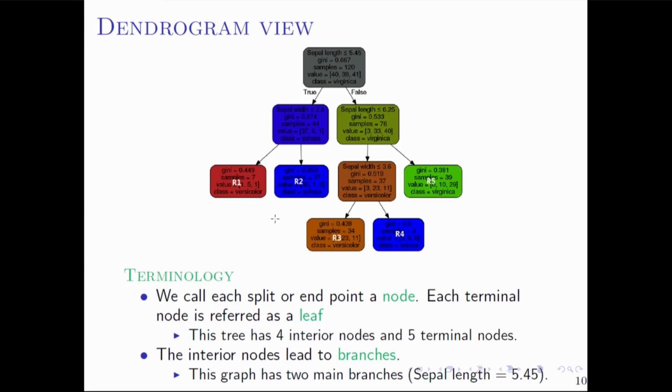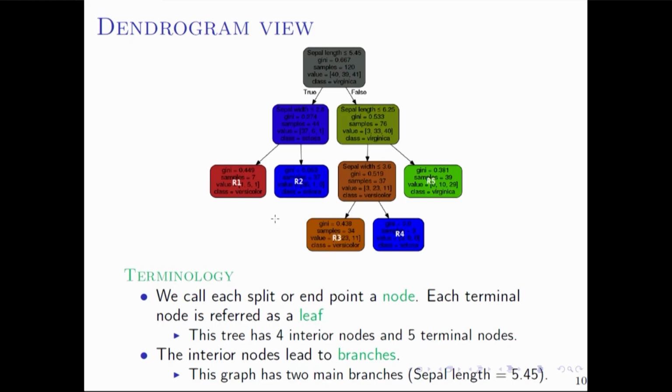Ultimately, at the end we'll get these 5 regions in our space, and each region is annotated with one of the classes depending on the majority vote. Is it clear what majority vote is? Now in this tree, every node splits and goes to the end nodes, and these end nodes are denoted as leaves.